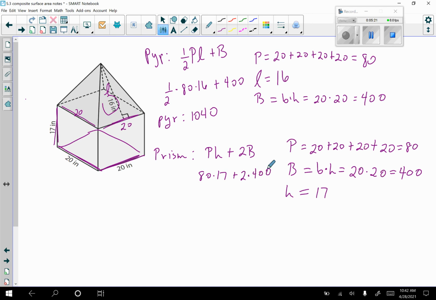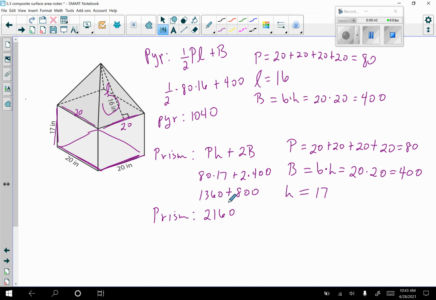I'm going to get this in my calculator. 80 times 17, that's 1,360, plus 800, because 400 times 2. So for our prism, it's 2,160.